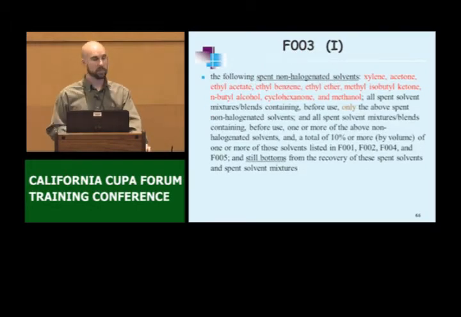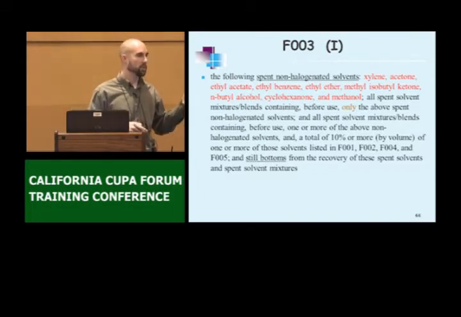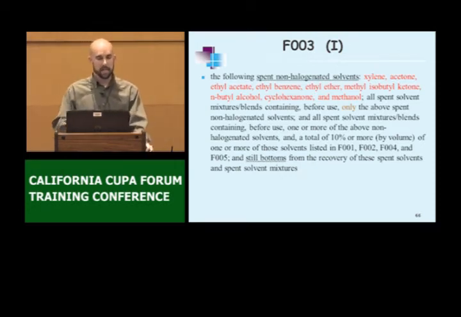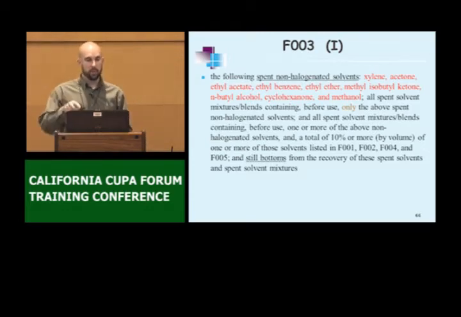Going forward here, F003, if you notice up above the I, so the first two, 1 and 2, were T, listed for toxicity. This one's listed for ignitability. Xylene, acetone, ethylbenzene, methyl isobutyl ketone, methanol. Those are all examples in F003. And this is the one where the definition's a little bit different.